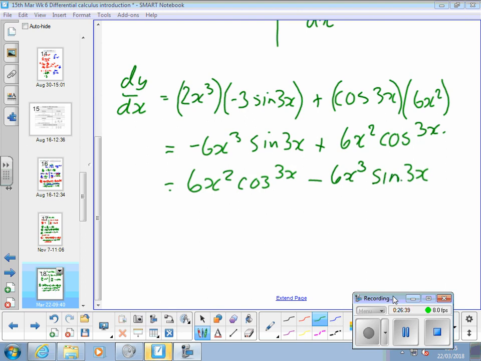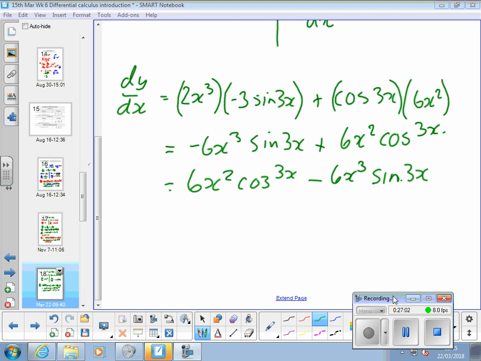Yeah, that's a right answer, but it's not so easy to simplify because you've got the negative sign up front, and if you can get rid of a negative sign up front, you usually do. It depends whether I ask for it in its absolute simplest form or not. I mean, that's a right answer.